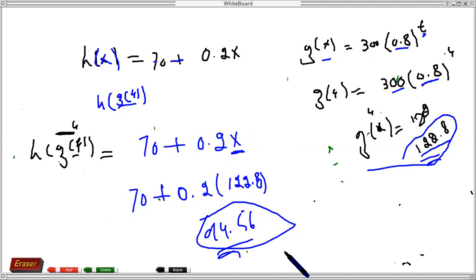Let me check question number 3 and 4. In the function worksheet. Let me share the function worksheet. Which one is the function worksheet? Naseem Nazari's question was domain and range.